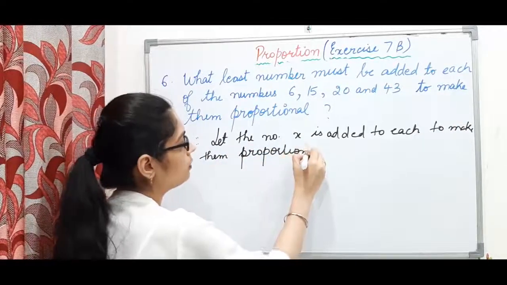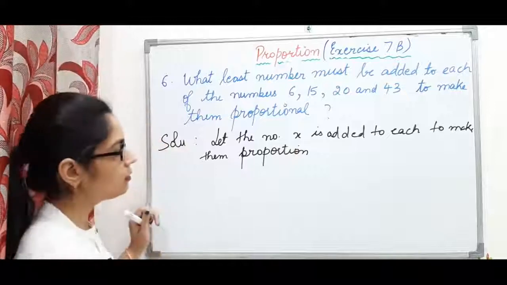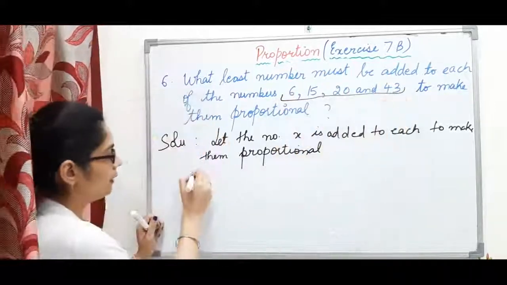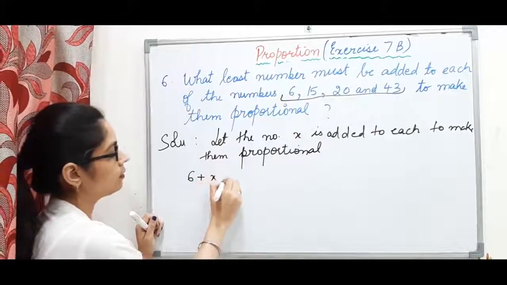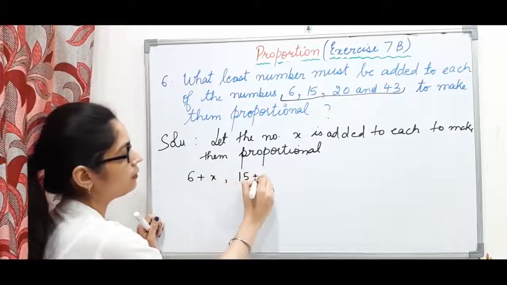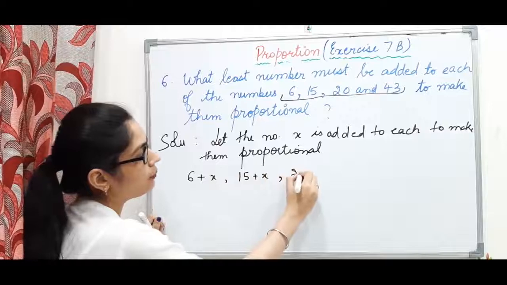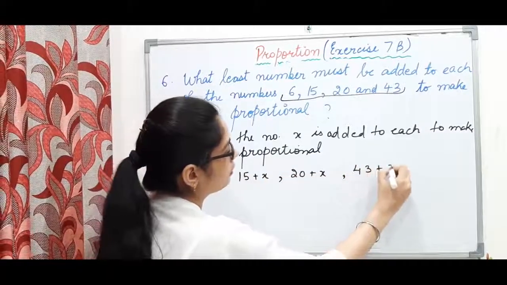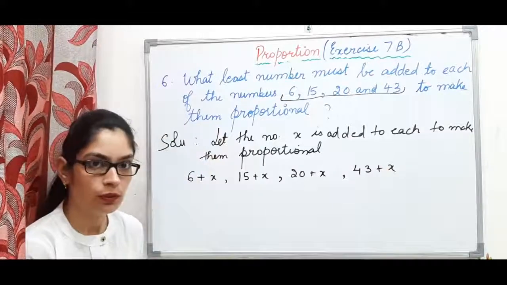So if we add x to each of these 4 numbers, like 6 plus x, 15 plus x, 20 plus x and 43 plus x, the numbers will become proportional.